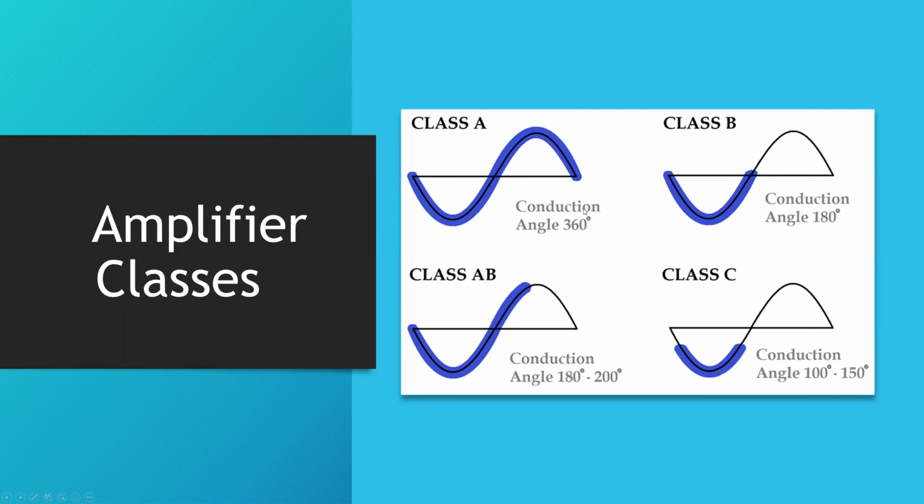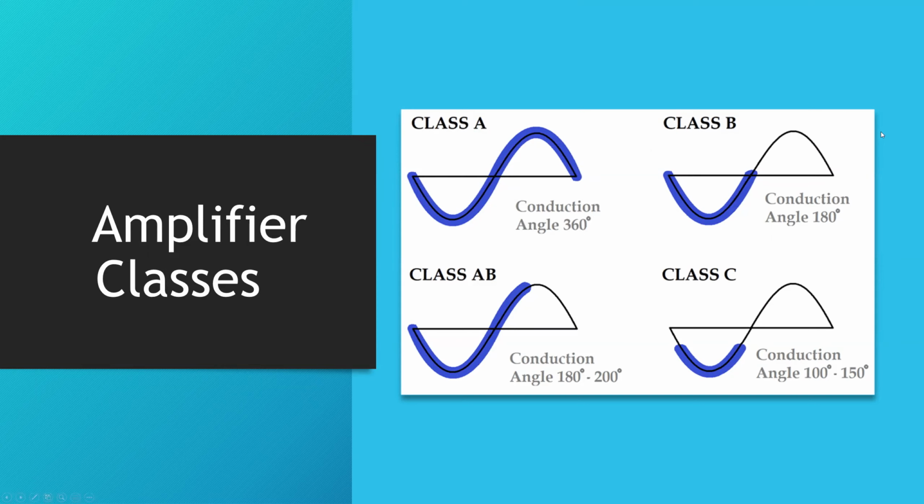This means that its active devices are operating all the time. This is considered bad since the power efficiency would be low, since power dissipation is high, since this active device is always operating.